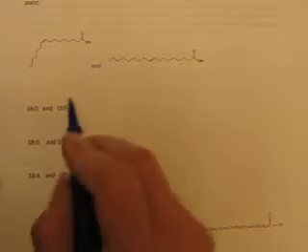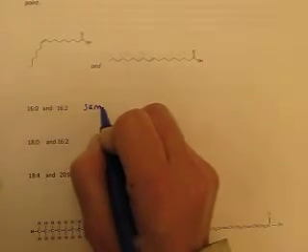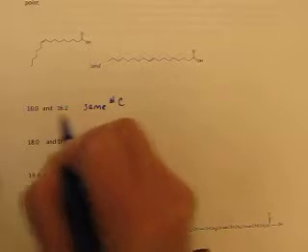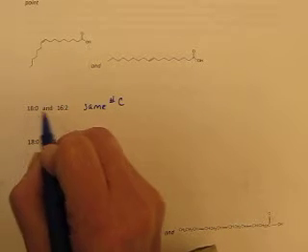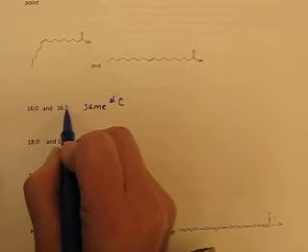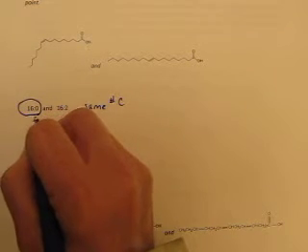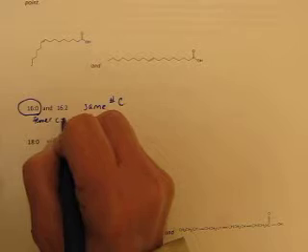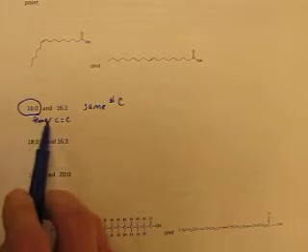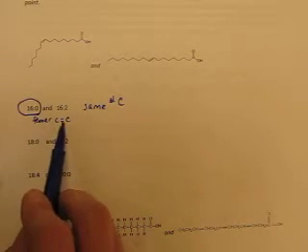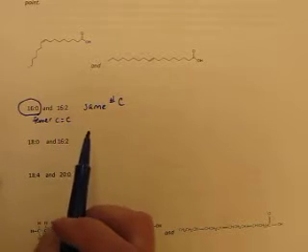They both have the same number of carbons, but this one has 0 double bonds. This one has 2 carbon-carbon double bonds. This will have a higher melting point because it has fewer carbon-carbon double bonds. Higher melting will happen when there are fewer carbon-carbon double bonds.